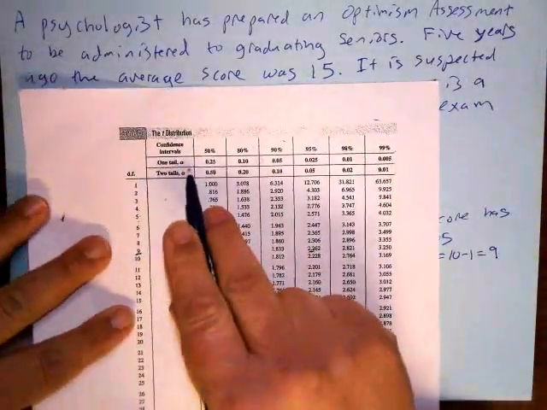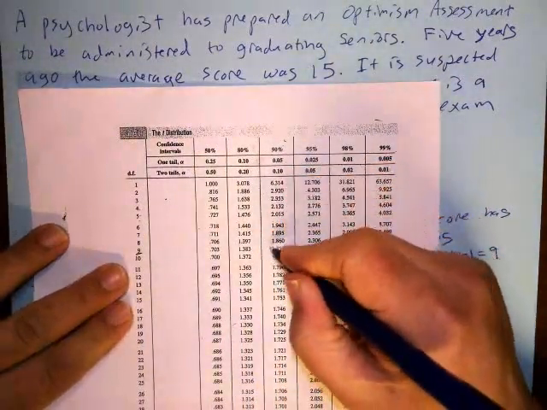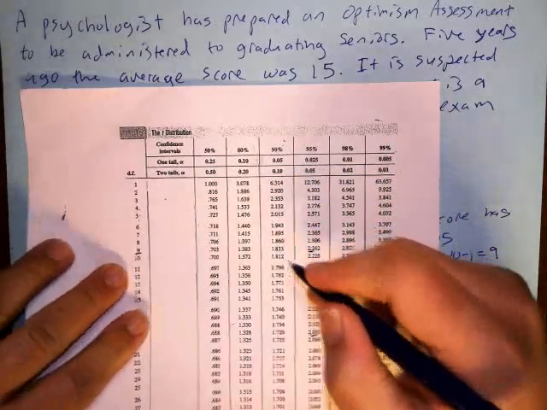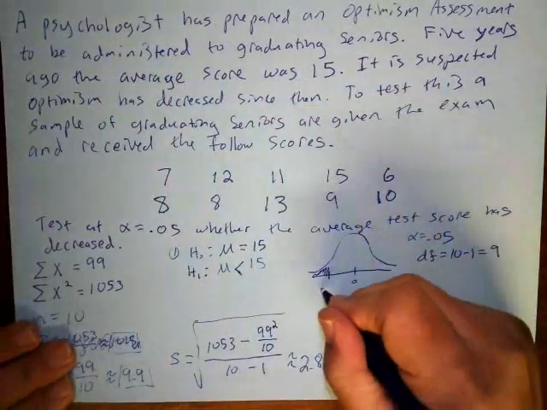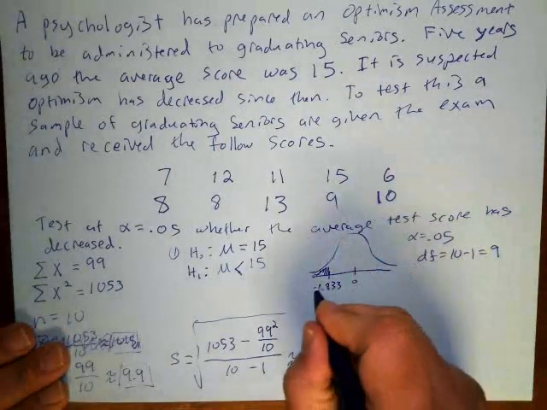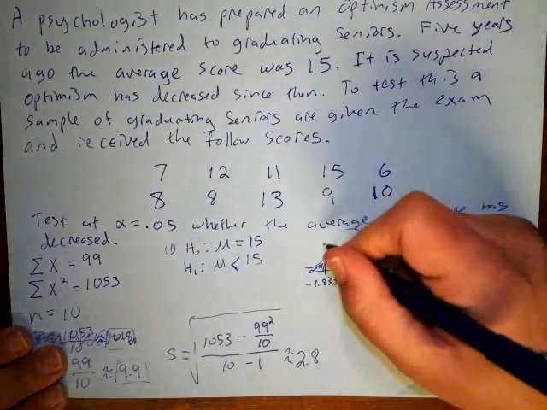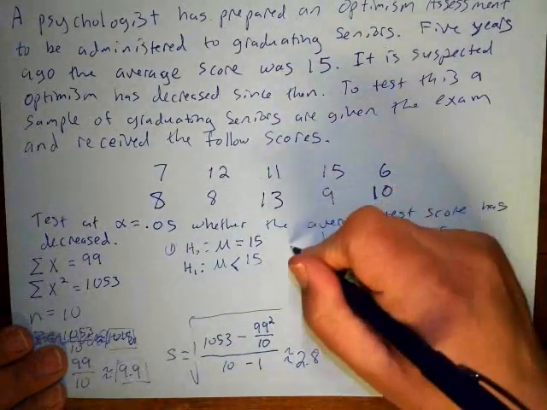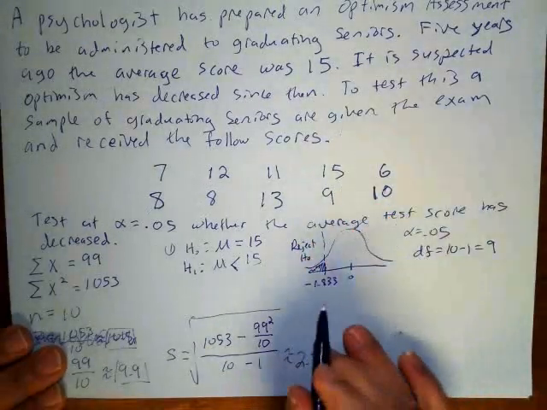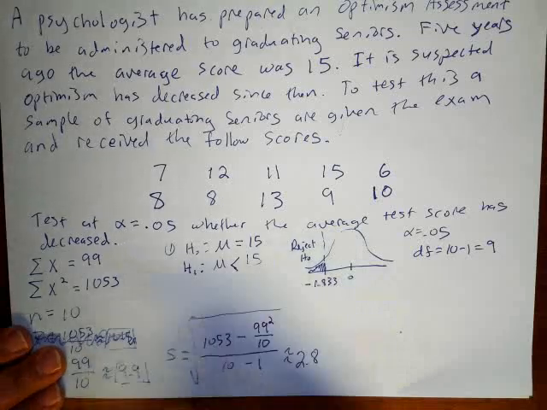This is a one-tailed alpha of 0.05 with 9 degrees of freedom, and my critical t-value is 1.833. Since it's a left-tailed test, I need a negative sign. To reject H0, my test statistic has to be below negative 1.833.